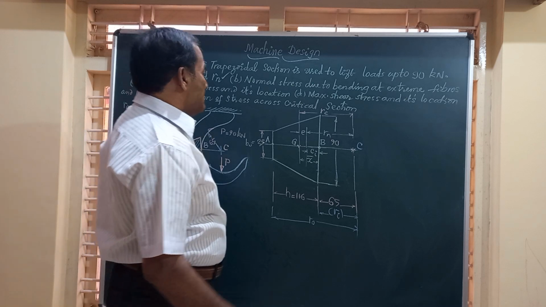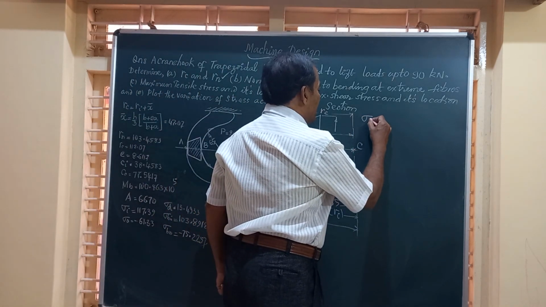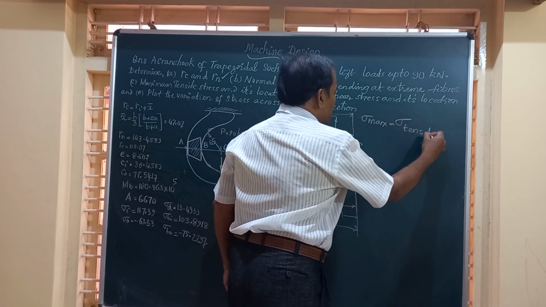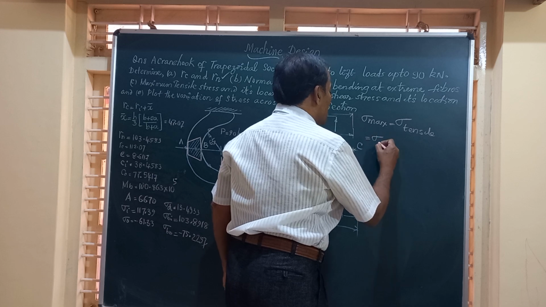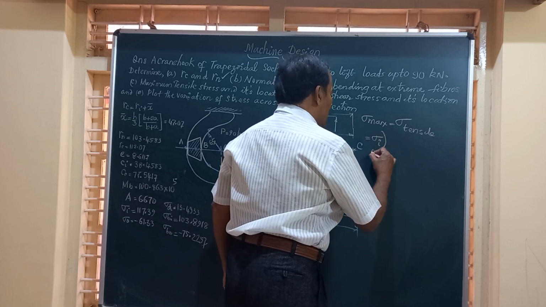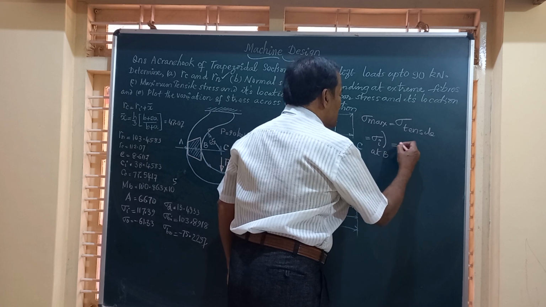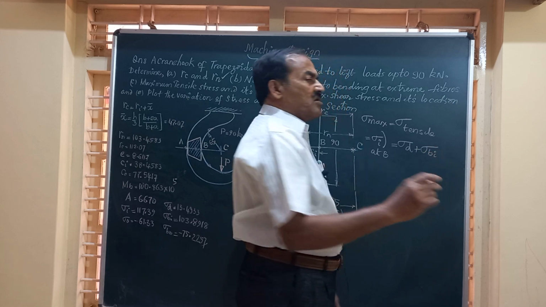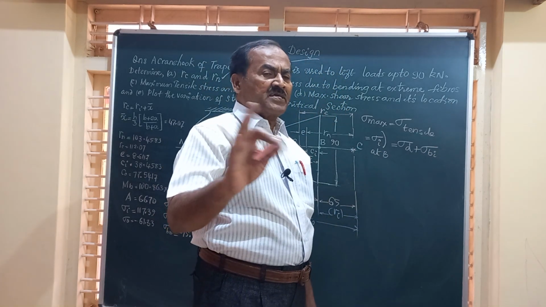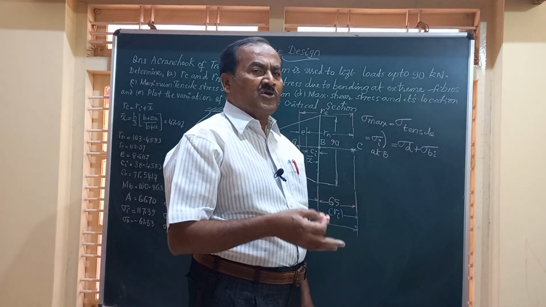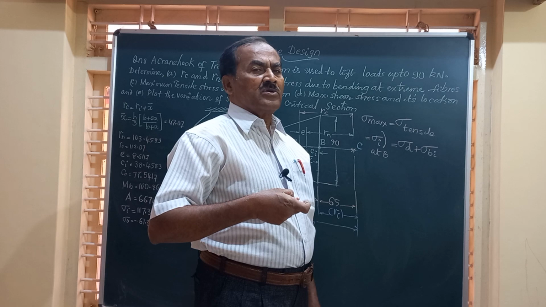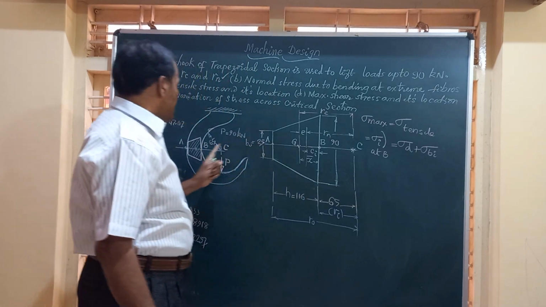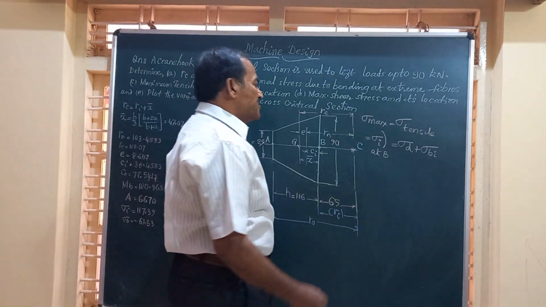So we will write down this as sigma tensile maximum, is nothing but sigma total stress at B, the inner fiber, that is given by sigma D plus sigma Bi. Whatever may be the cross section of the crane hook or the curved beam, when it is lifting a load, the maximum tensile stress occurs at the inner fiber, that is at B. This is a very important concept and you should remember.